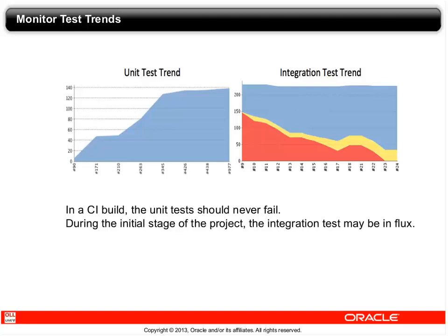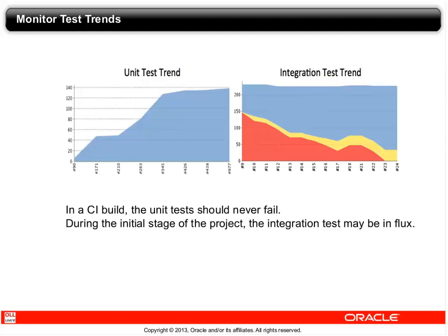At some point we have to make sure that the unit test failure trends are decreasing. So over the sprint cycle, when the product is ready to release, your integration and unit tests should pass completely at that point. That's when you are sure that your product is almost ready to be released.